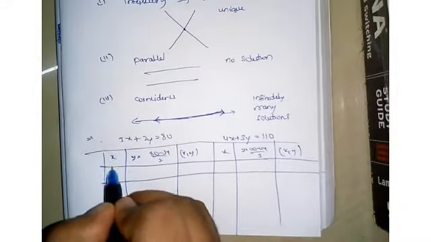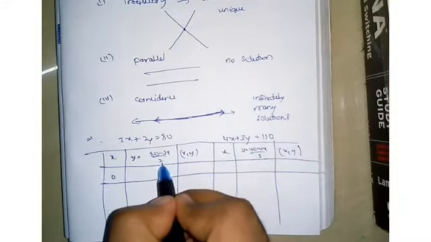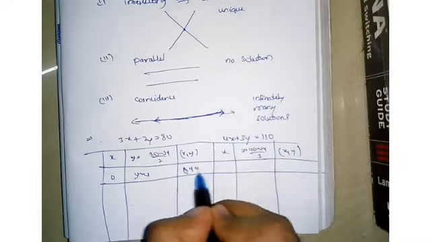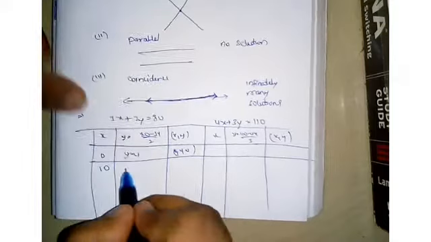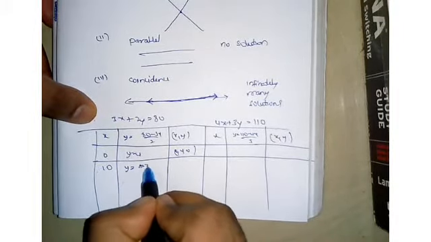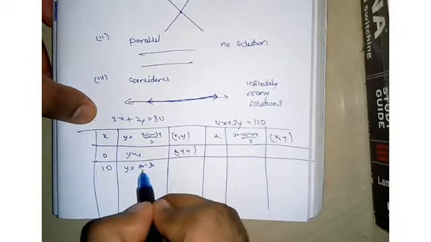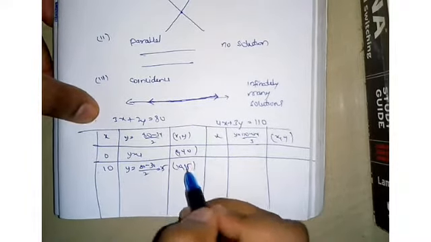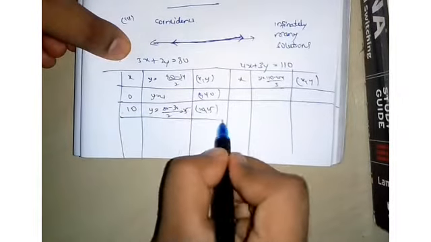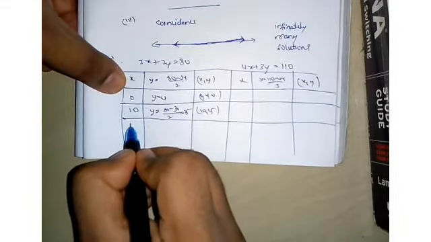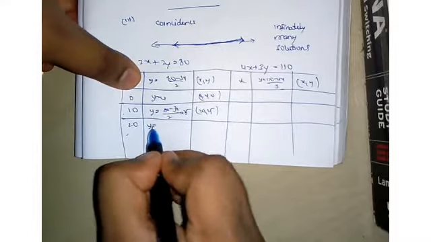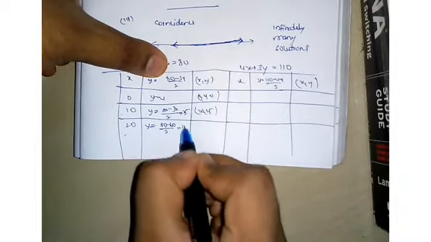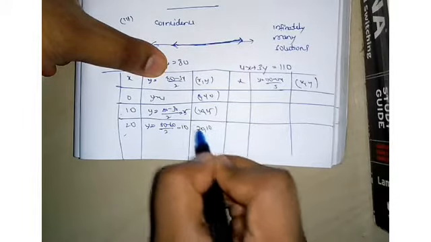Let's assume for x equal to 0, y will be 80 minus 0 by 2, which will be 40. Y is equal to 40, so 0 comma 40. For x equal to 10, y will be 80 minus 30 by 2, 50 by 2, which is 25, so 10 comma 25. For x is equal to 20, y will be 80 minus 60 by 2, which is equal to 10, so it will be 20 comma 10.